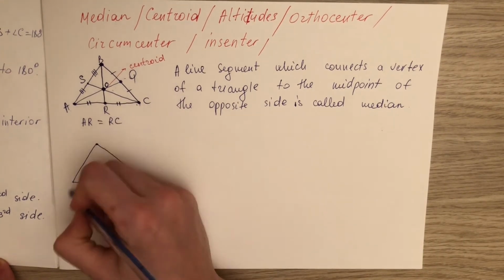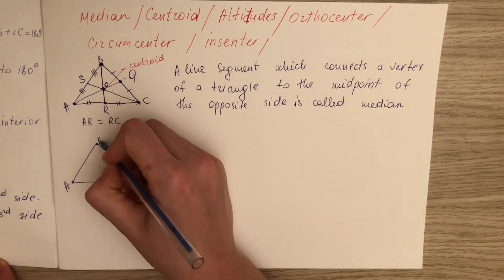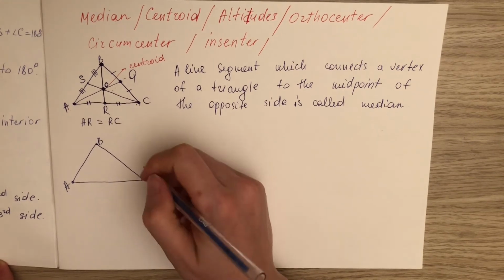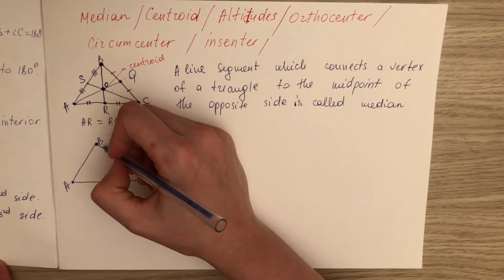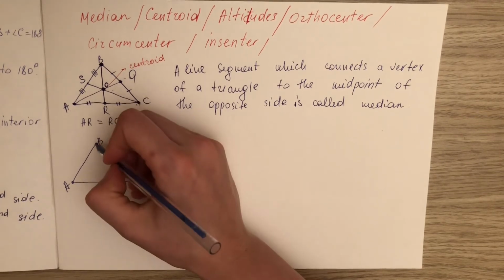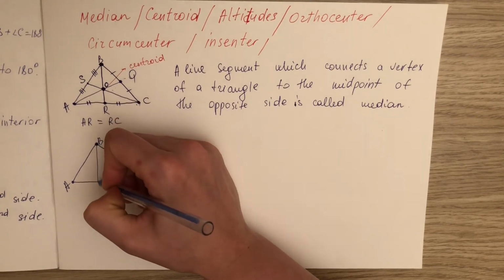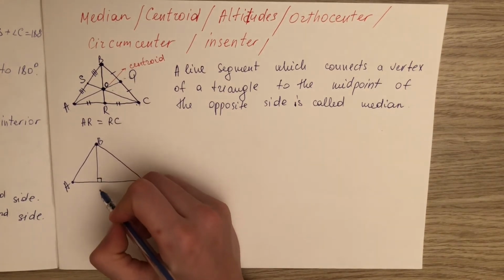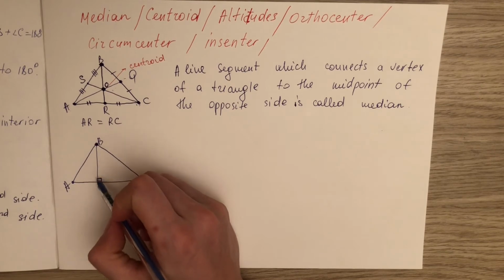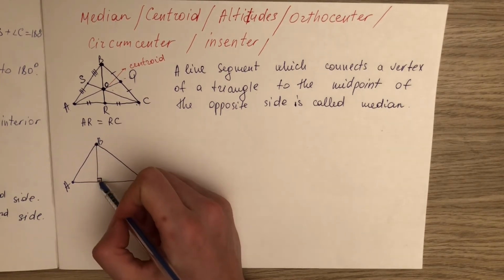Altitude is a line segment drawn from a vertex, this is vertex, to its opposite side. But this should be perpendicular to its opposite side. So this is called altitude.